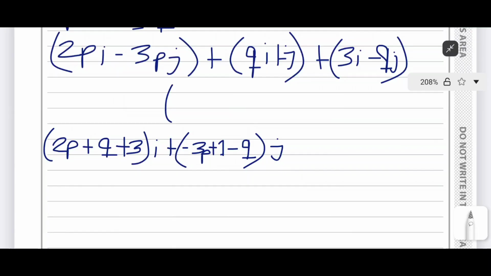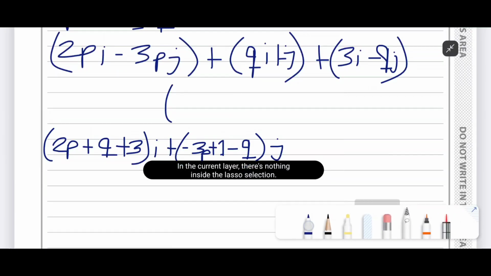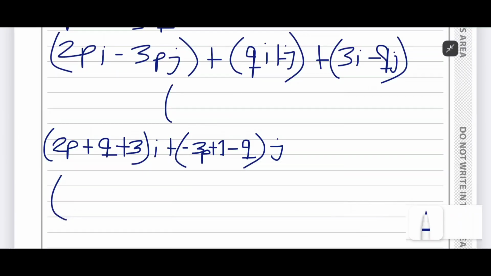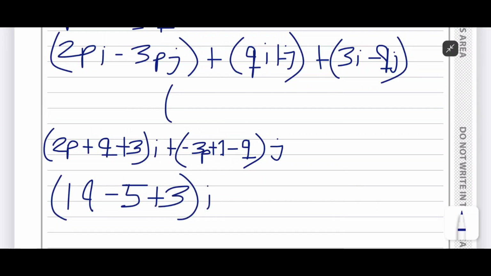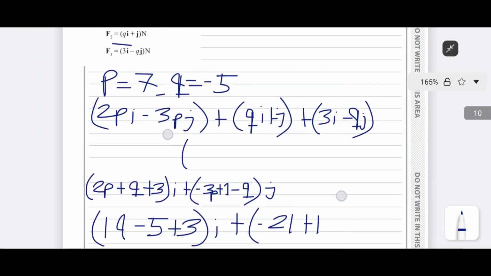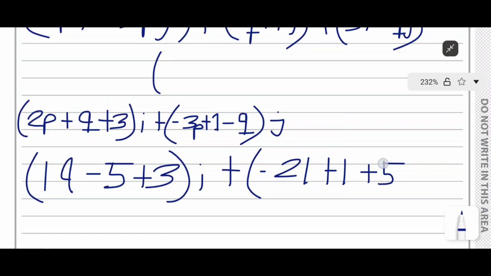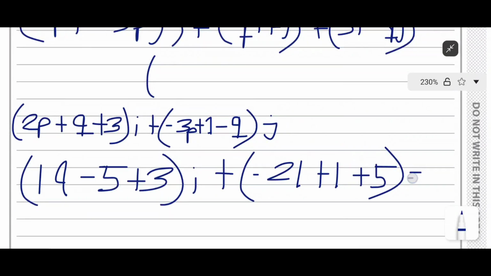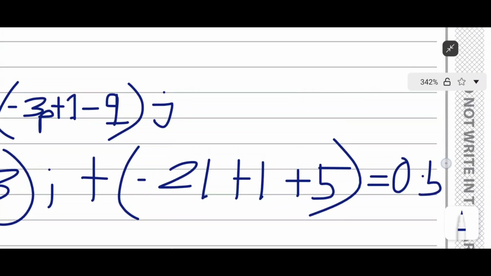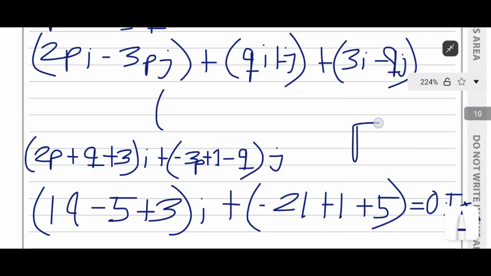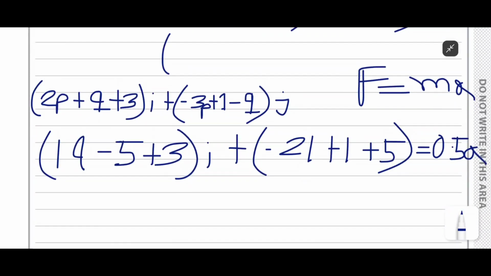I get 14 minus 5 plus 3 i plus minus 21 plus 1, and q here is minus, so minus minus is plus. And the mass times acceleration, which is 0.5 and a. This is in the form of F equals ma. This is mass, this is the acceleration. So we solve it.